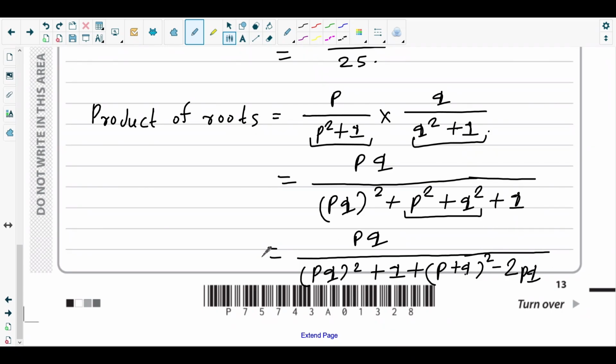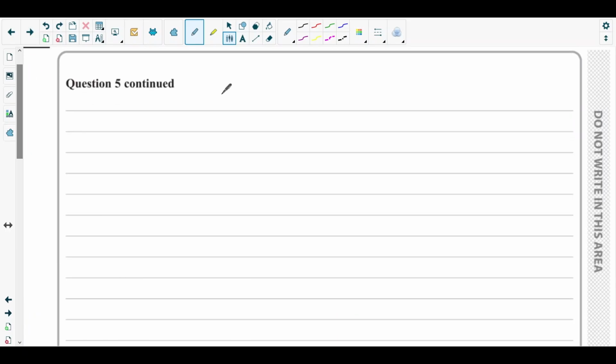Now just put the values. pq is 5 over 2.